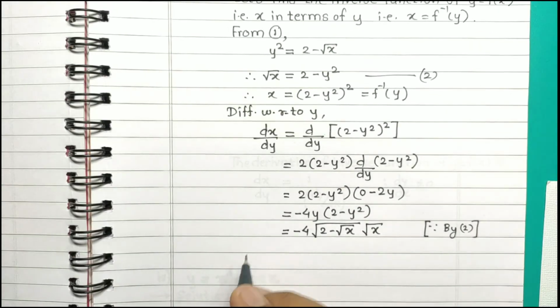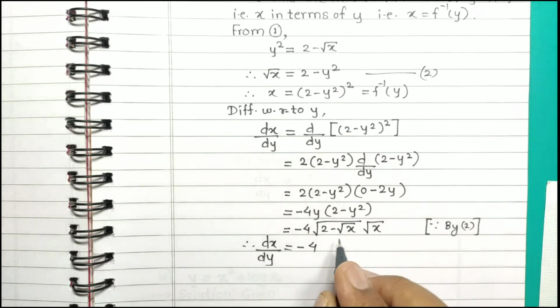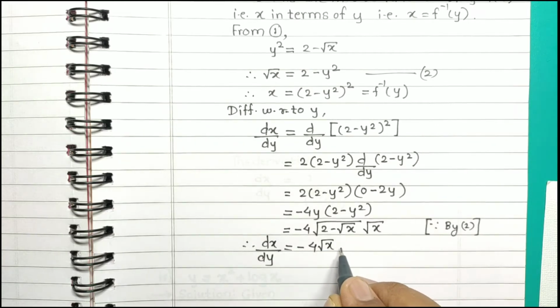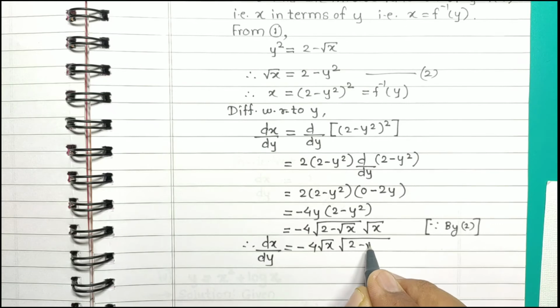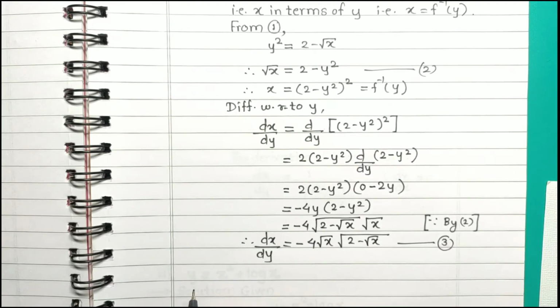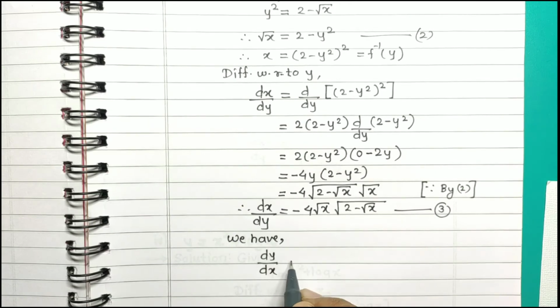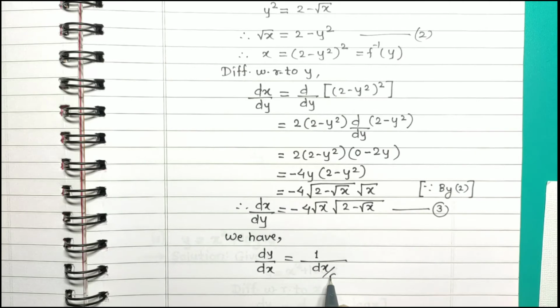So we have finally dx by dy is equal to minus 4 root x into root of 2 minus root x, call it equation number 3. And to find dy by dx, we have the result dy by dx is equal to 1 upon dx by dy.